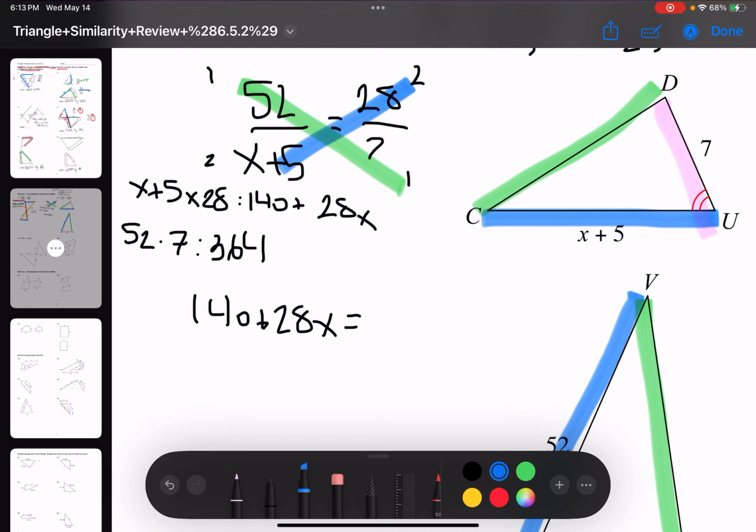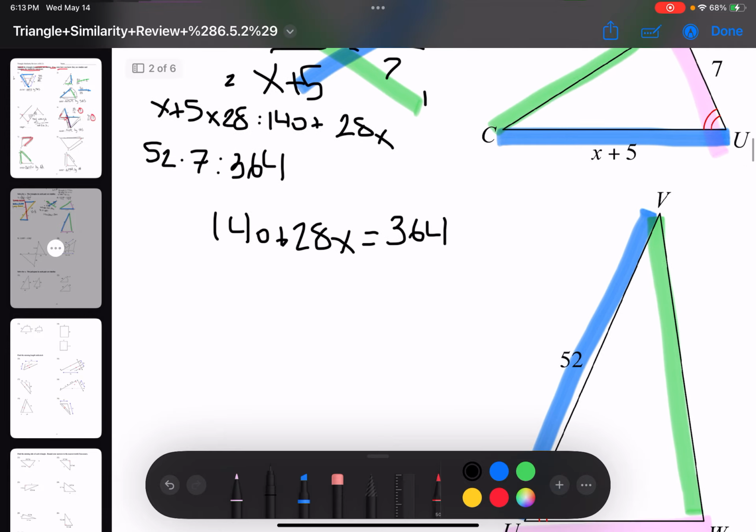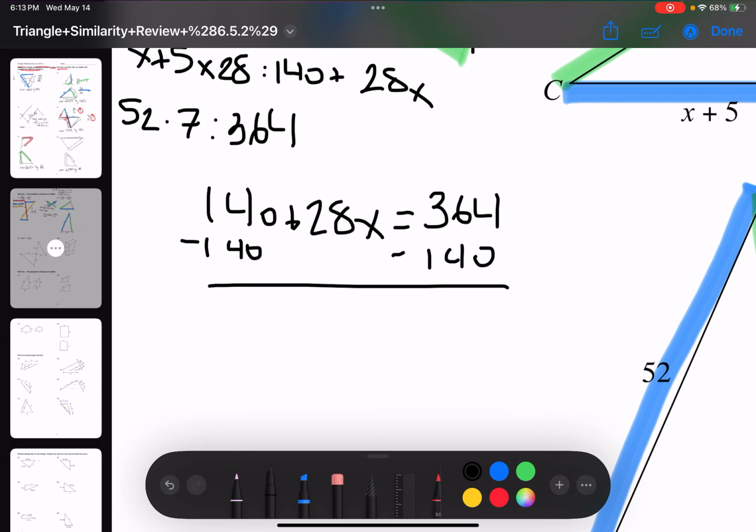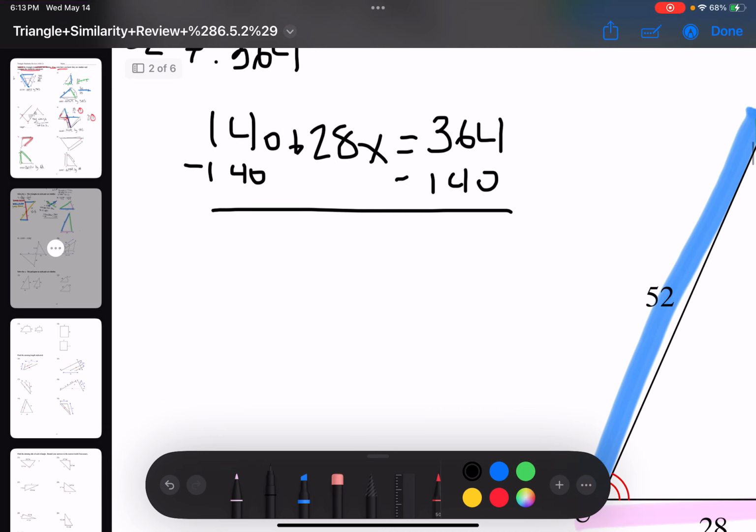Which I just realized. No, wait, no. Okay. Anyways. 364. And now we solve for x. This is, guys, we've learned this. So, we're going to put this so our x can just be on a side by itself with no regular numbers. 140, which equals 28x equals 224.